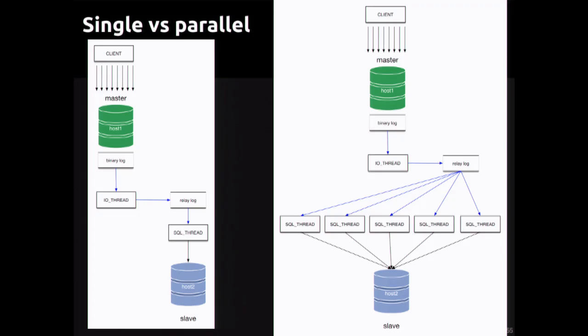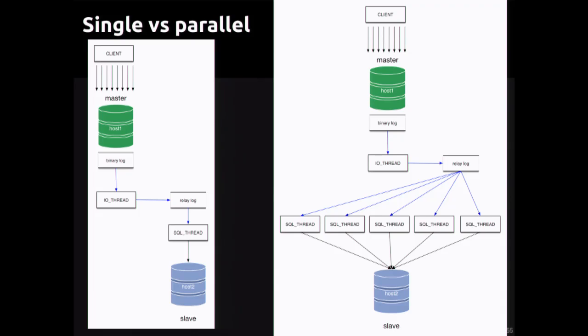When we run parallel replication instead, we have a process in the slave that will spawn several threads that will treat the information differently depending on how we said that parallel replication should work.